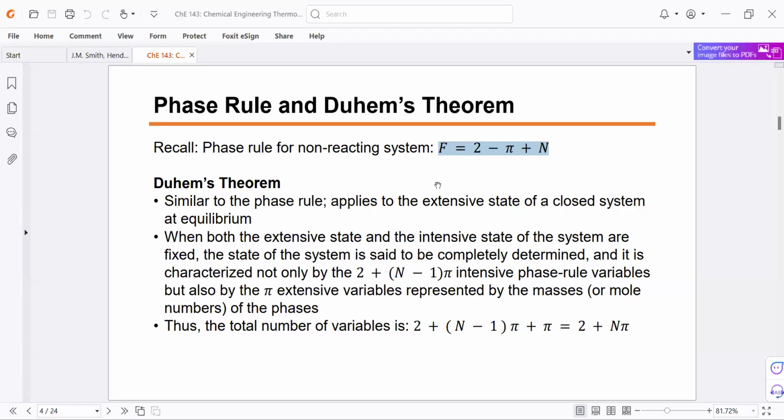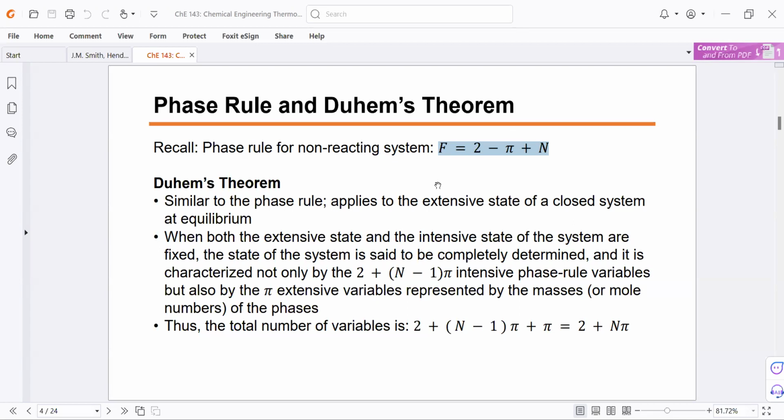Extensive properties or state vary with the amount of the substance, while intensive properties or state does not depend on the amount of the substance.